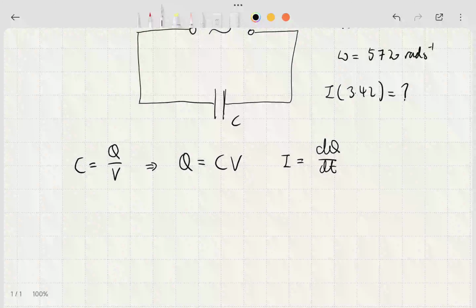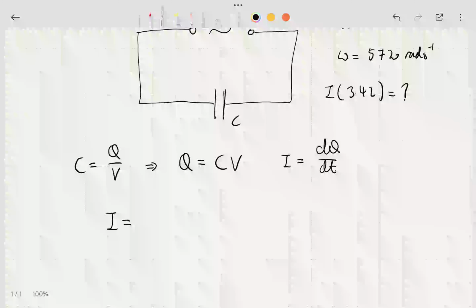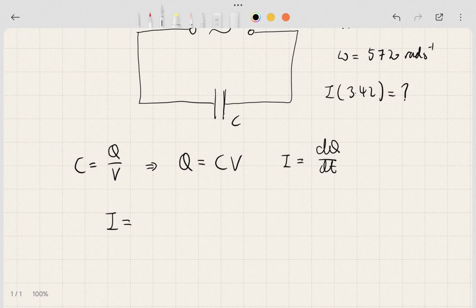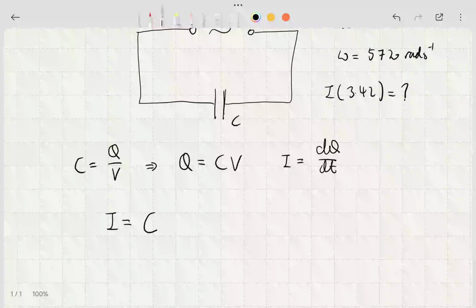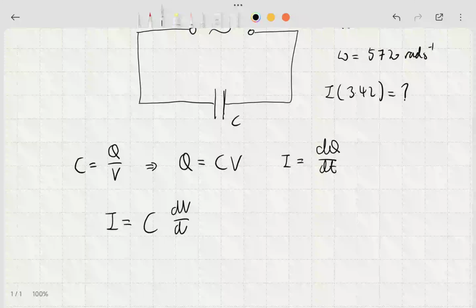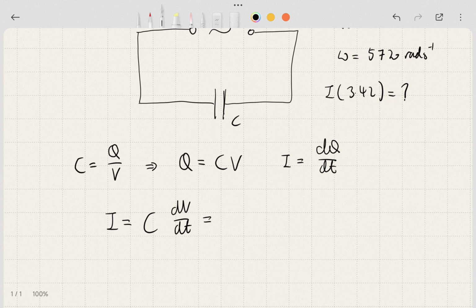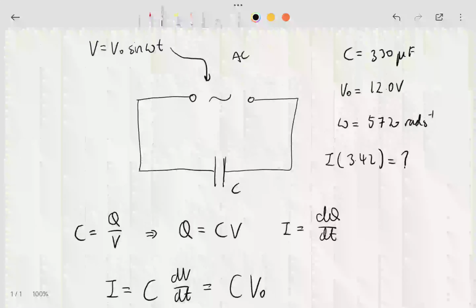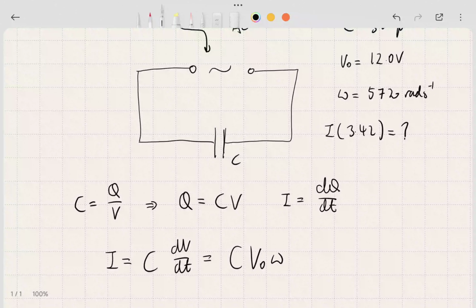So by differentiating the expression for charge, which is the capacitance multiplied by the voltage, we know that the capacitance is going to be a constant value, but the voltage is changing. So we take the derivative of the voltage expression, and we get CV0 times omega times cosine of omega t.